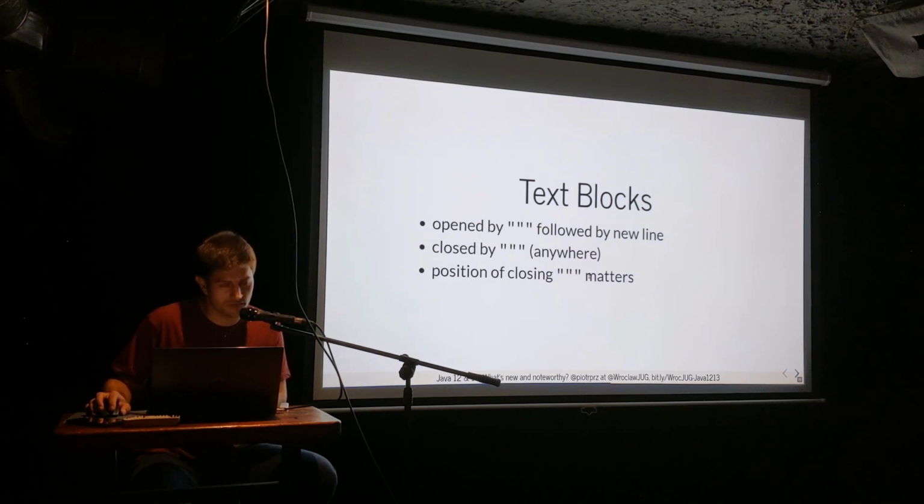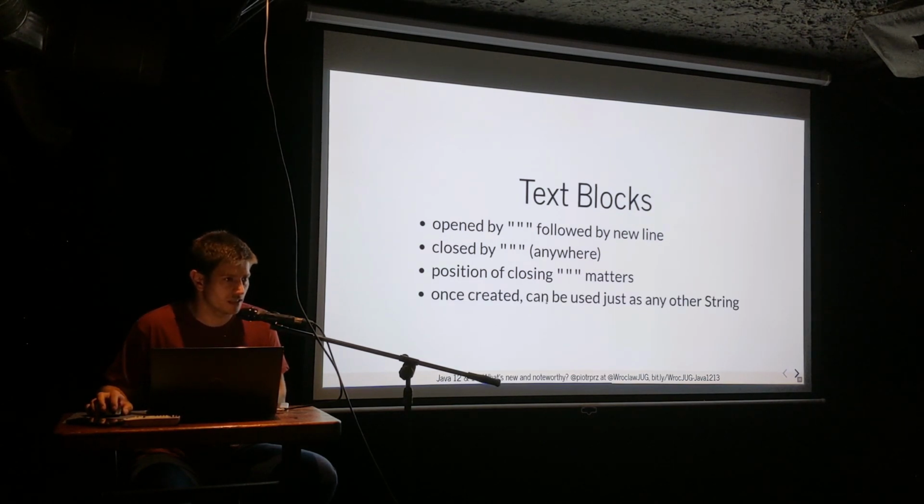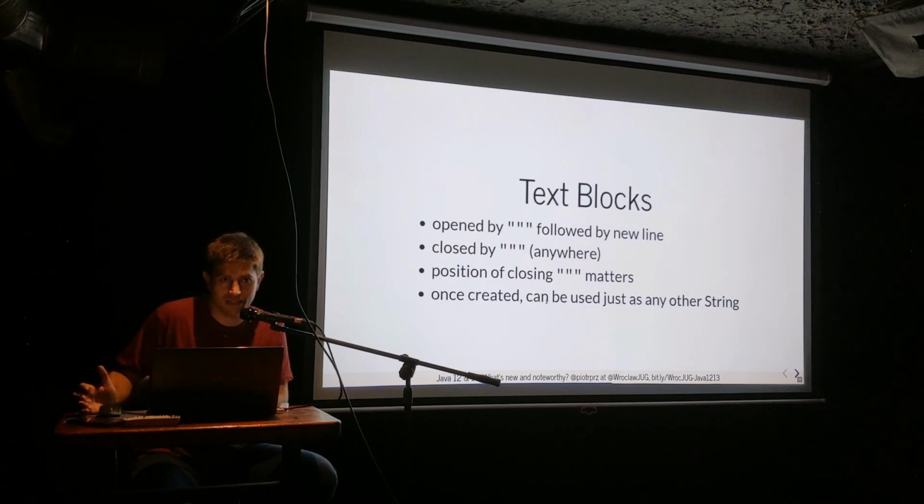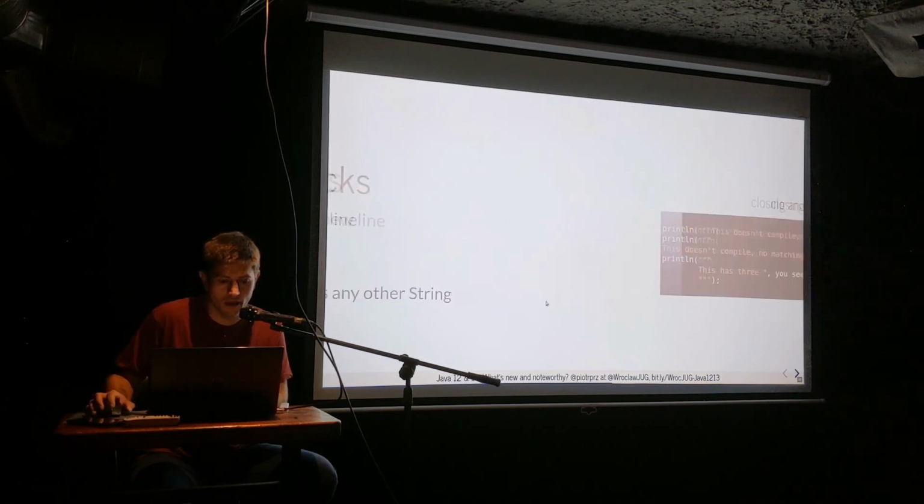I know these strings from Scala, and I'm not sure I like this style they picked for text blocks in Java, but we have what we have. And once they're created, they can be used just like any other string. They are just strings, and whether you define a string in a text block or as a string literal, it doesn't really matter. It's a string.